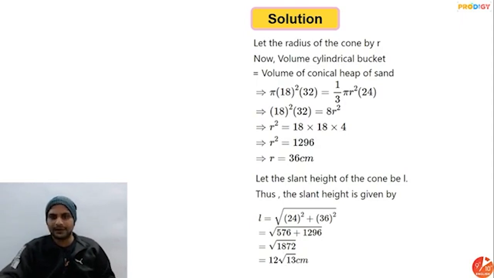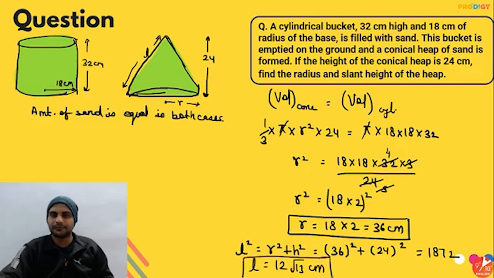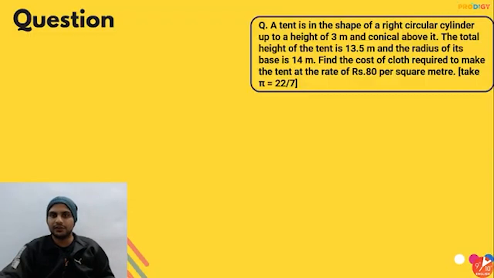It will be 1872 you will be getting, and if you prime factorize it, it will be 12 root 13 centimeters. Okay, clear guys? This is how this question will be solved.